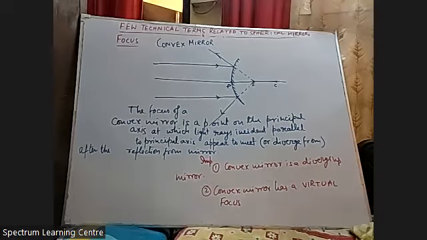Are you getting something or is it becoming a bouncer of Shoaib Akhtar? First of all, a plane mirror can do a sidewise inversion, like the right hand appears to be the left hand and the left hand appears to be the right hand in the mirror. That is called lateral inversion. But you don't see your head downwards and legs upwards.